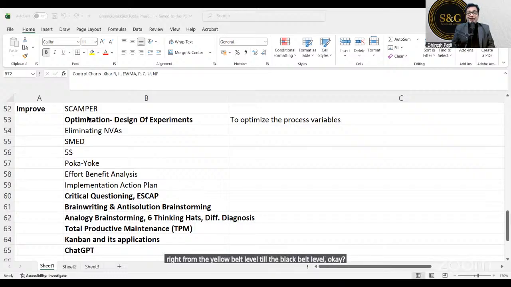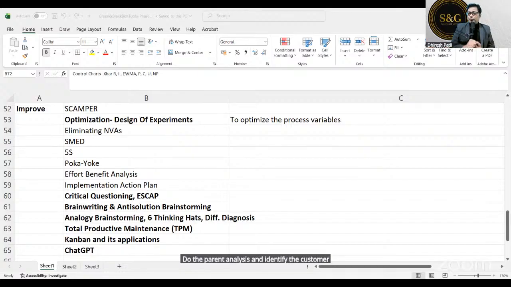Amazing, powerful tool. You know what the best part of this tool is? All these tools can be used separately as well, not only in the project. You can do Pareto analysis separately. Let's say if you're struggling with any process challenge, like customer complaints, do the Pareto analysis and identify the customer complaint.